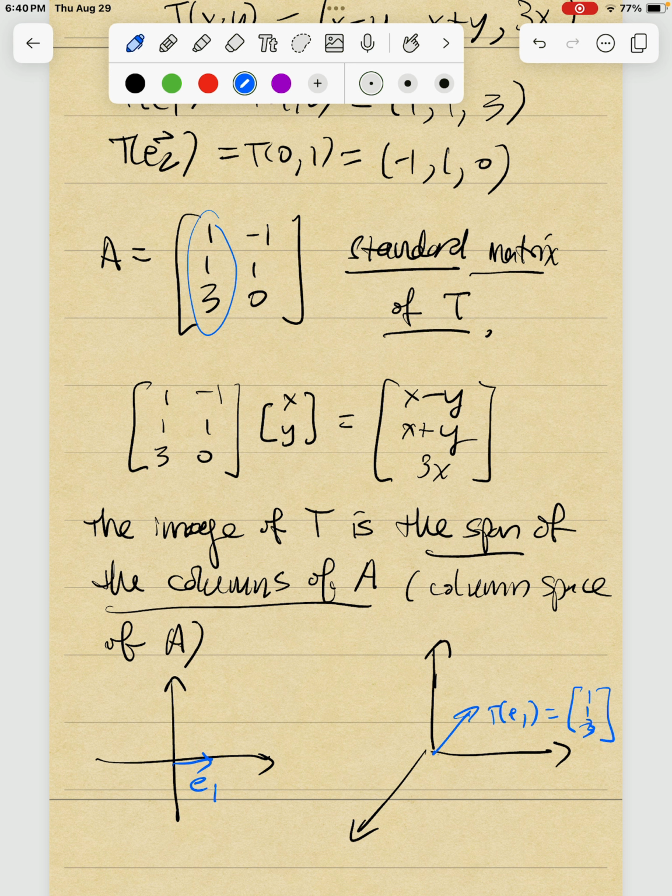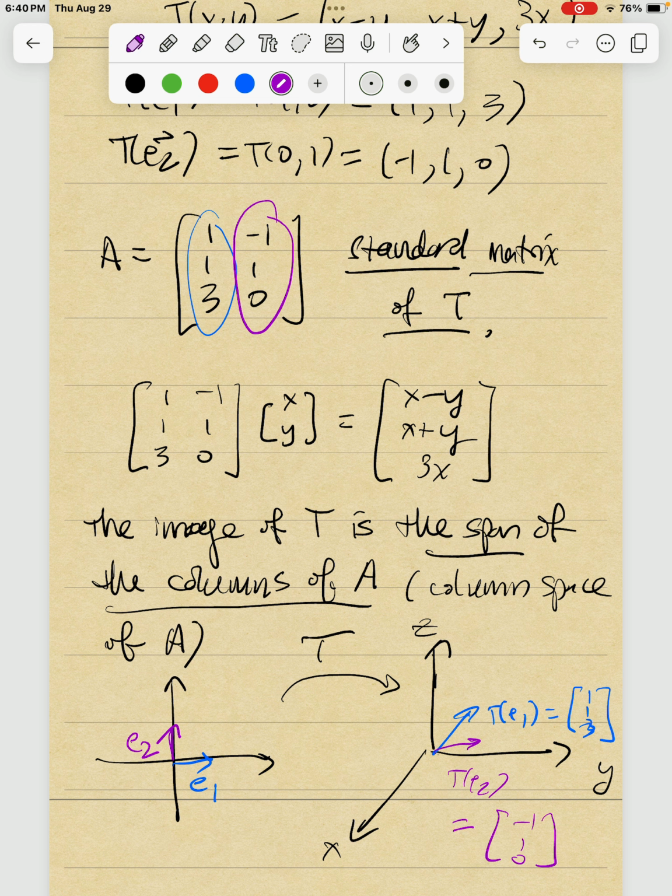And E2, when you apply T, the output is the second column vector, negative 1, 1, 0. So here's the x-axis, here's y, and here's z. It's something like this. So this would be T of E2, negative 1, 1, 0.